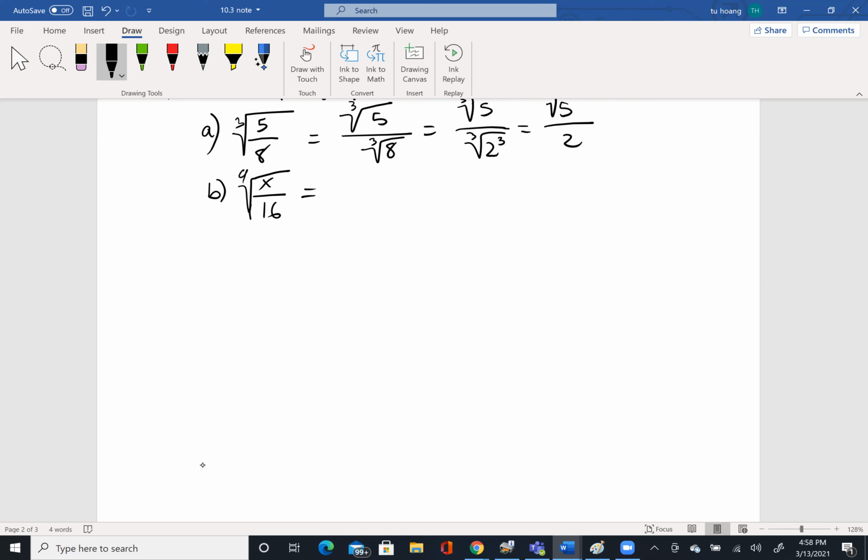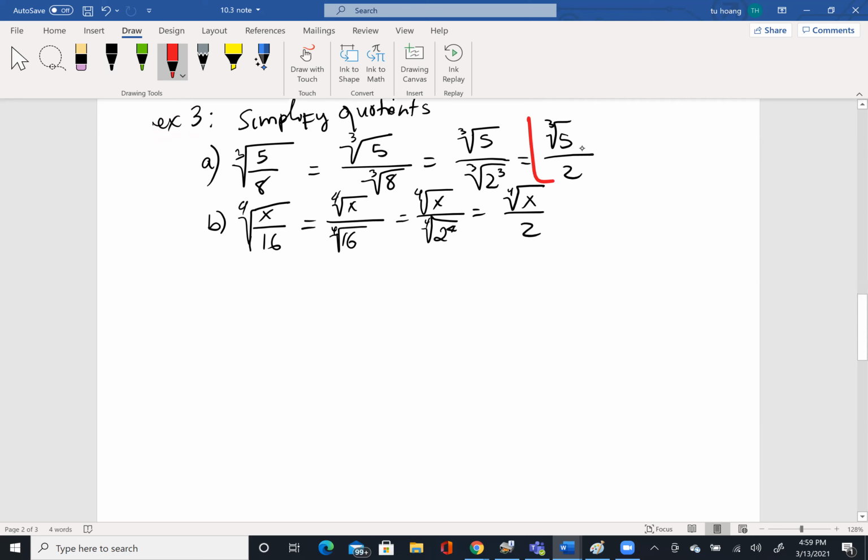So what you do is you need to split the radical as fourth root of x divided by fourth root of 16. And you know that the fourth root of 16 can be rewritten as fourth root of 2 to the power 4. And now you know that the answer should be fourth root of x over 2.